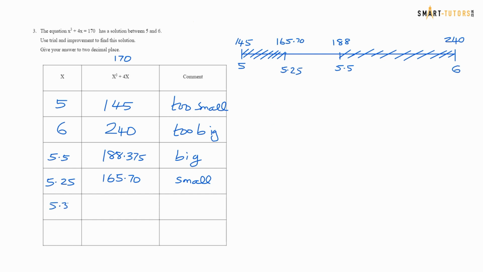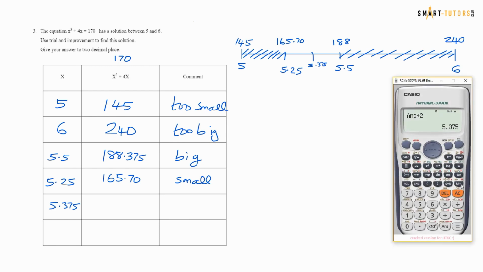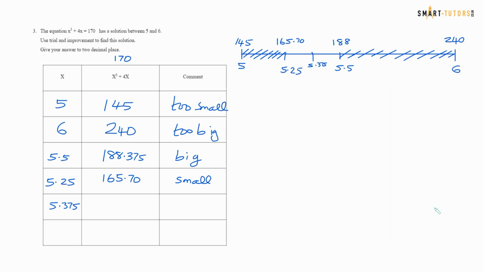So what could be the answer for 5.375? Answer equal is going to be 5.375. So we can use that answer function: answer to the power 3 plus 4 times answer equal 176.78.